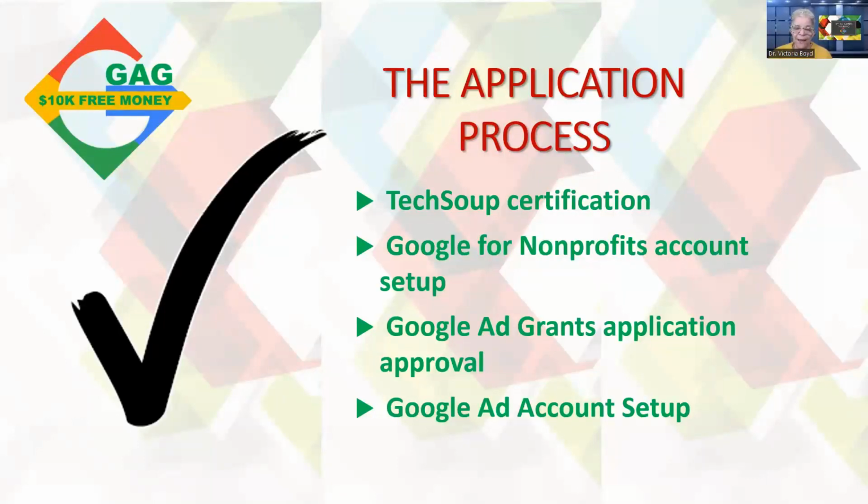Once you have done that, then the Google Ad application is visible. You now have access to it and you can get the approval. You can go through the steps applying. And then finally, once you have your approval, you then set up a Google Ad account, which is a separate account, and it's where Google filters all of its ad campaigns.